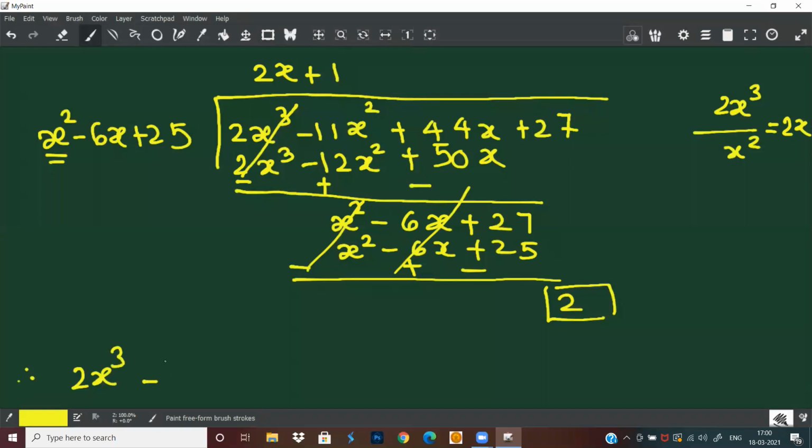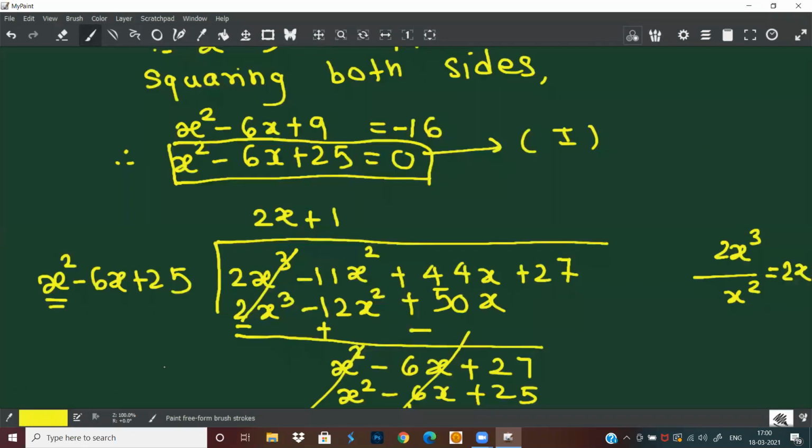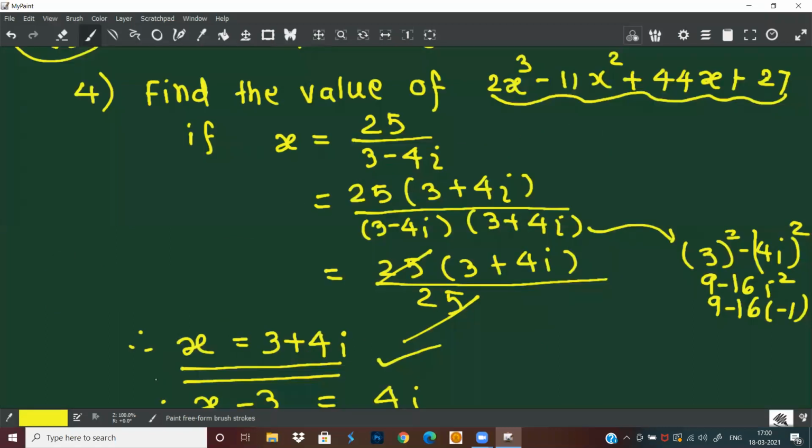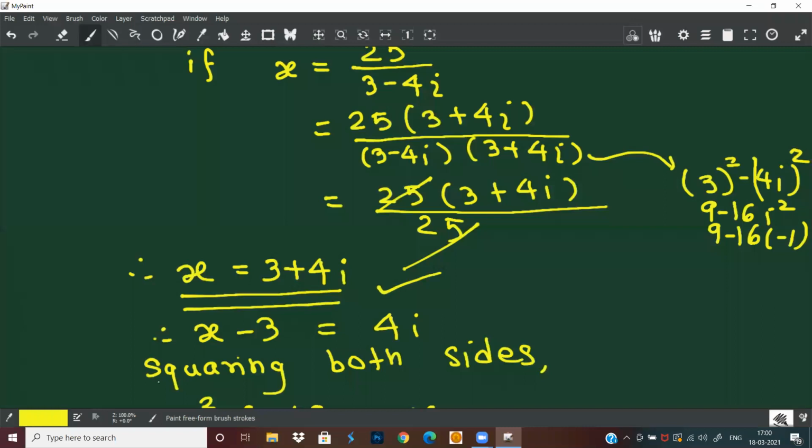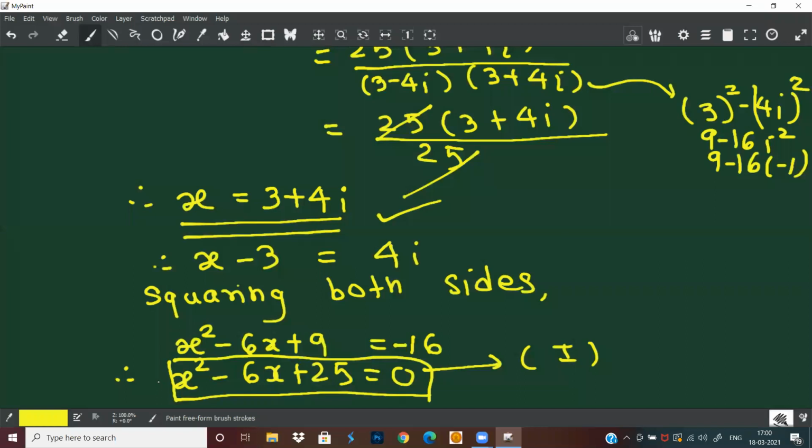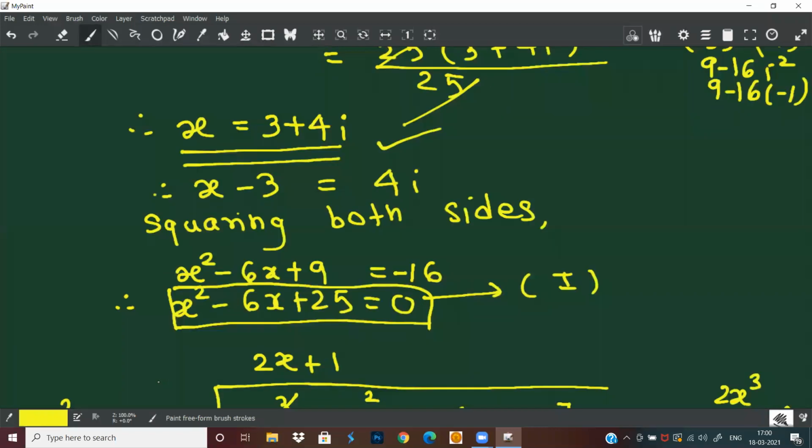Yes, I will. Shwadan, 1 minute. Find the value. After that I found x. After that I separated real parts and imaginary parts, squared both sides and got one equation, a quadratic equation whose root is 3 plus 4i. Correct? After that. Harshavardhan, you still want me to scroll up?